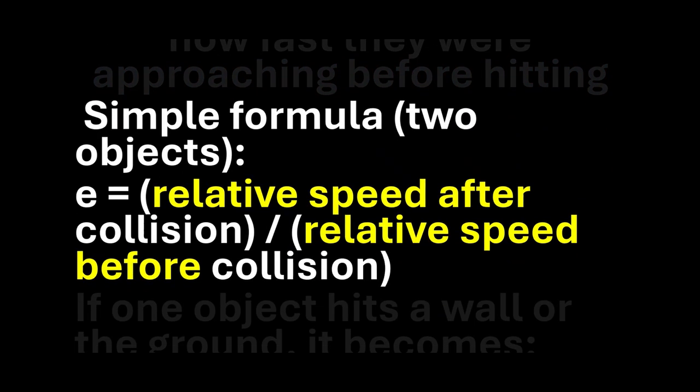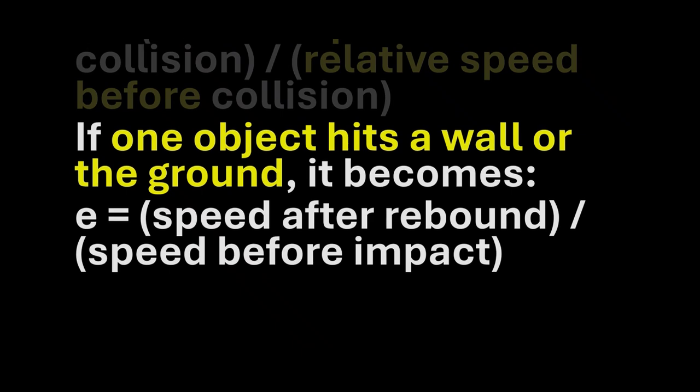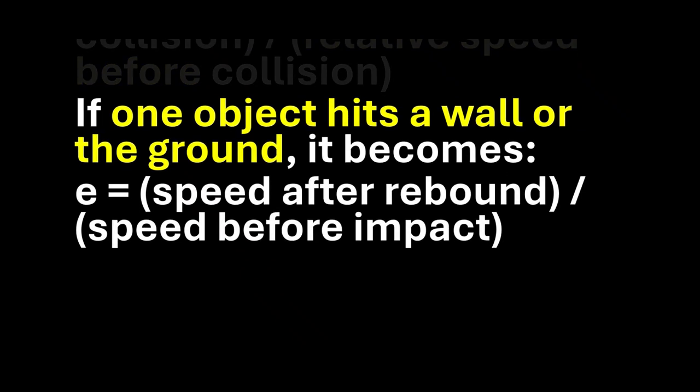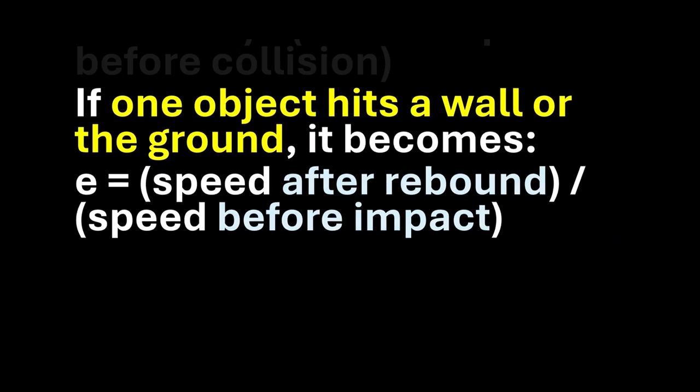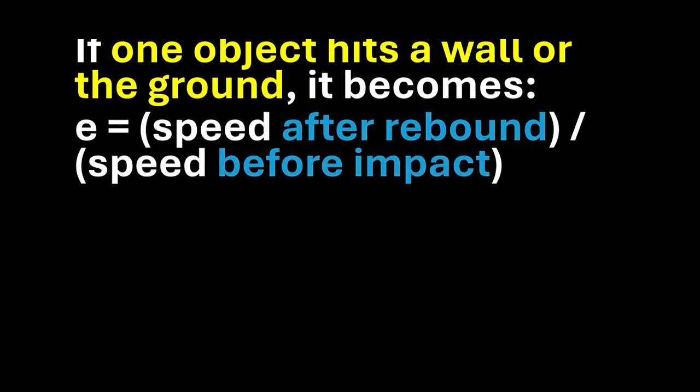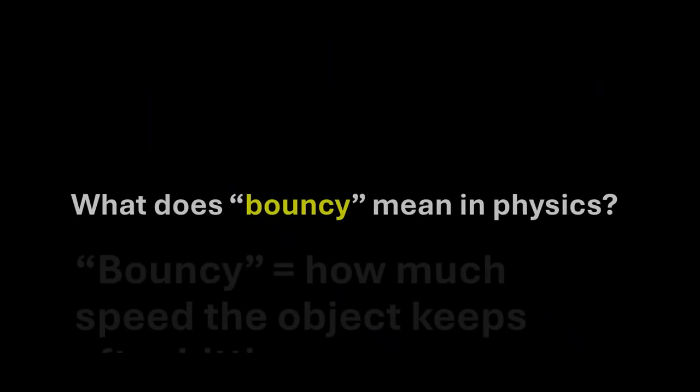In other words, relative speed after collision by relative speed before collision. So if one object hits a wall or ground, if that object's speed is zero, then e is equal to speed after rebound by speed before rebound. This is where it gets related to our problem here.